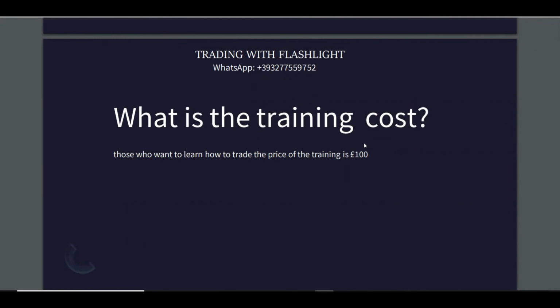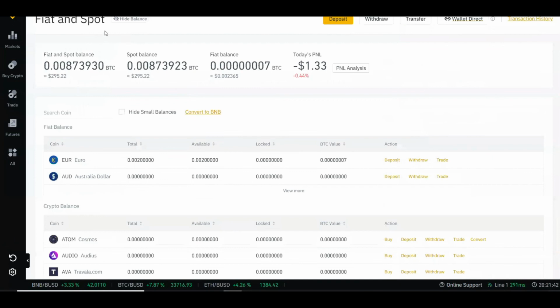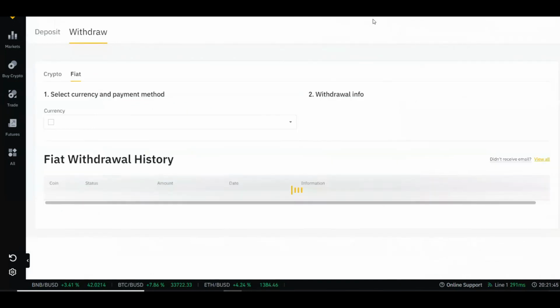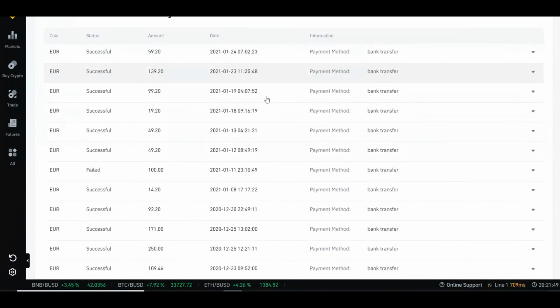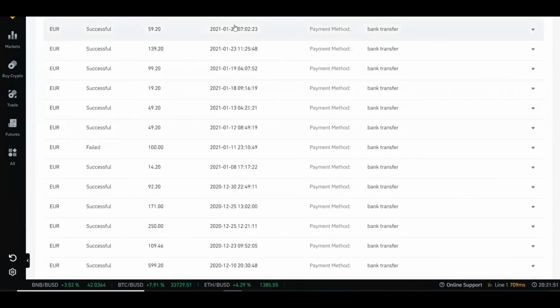The €100 you are paying is to learn how to trade with the strategies that I'm using. And if I remember, on the platform my latest withdrawal is not that far back, because I always like to show my withdrawals to show people that I have one of the best strategies out there. My latest withdrawal is on the 24th, and it was $60, and they took 80 cents for the fee.